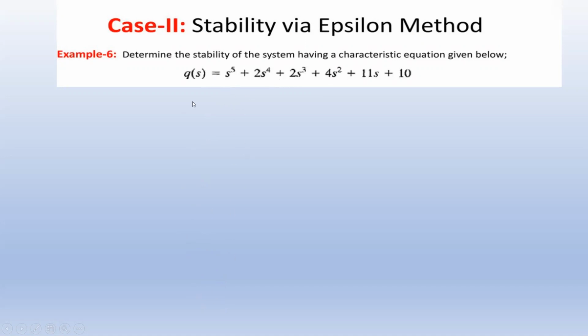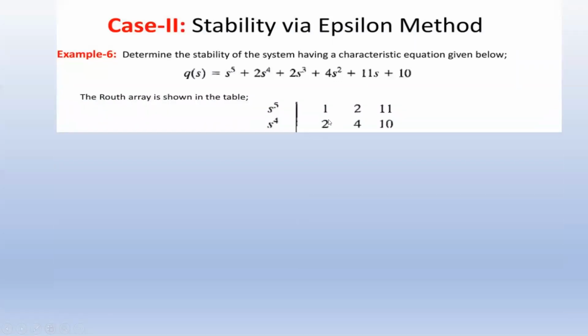Next to s power 5 we have 1, and alternately 2 and 11. This is how we fill the Routh array: 1, 2 and 11. And for s power 4, the coefficients are 2, 4 and 10 in this Routh array as well.